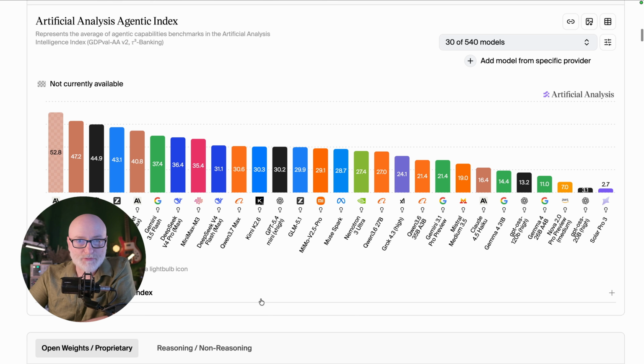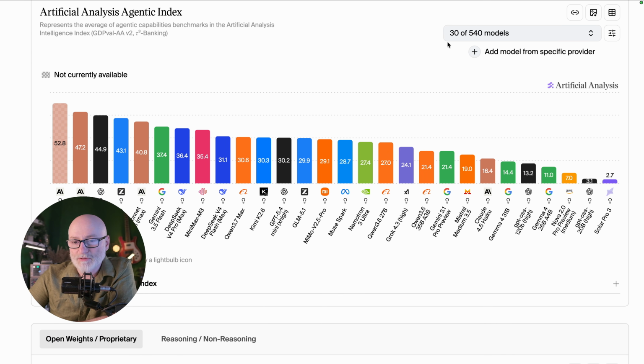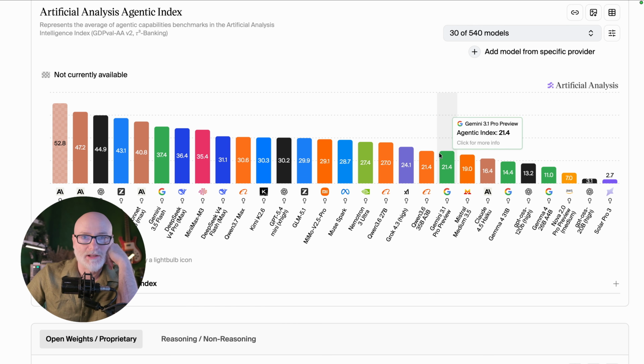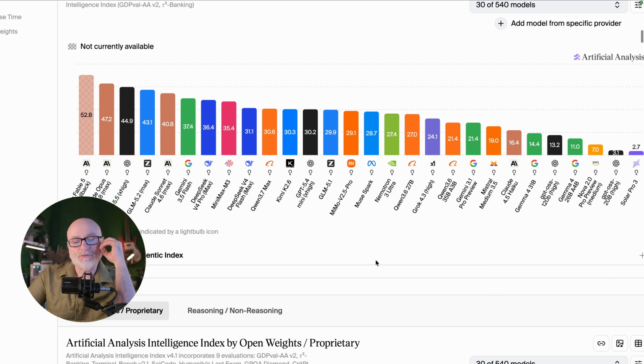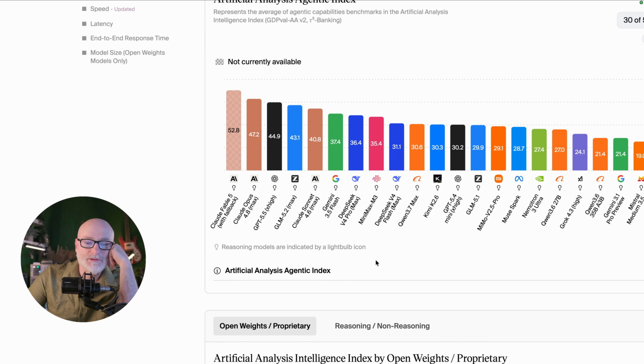Why I want to show this is because you can edit what it shows in here. So I added a couple of models that can run on our local hardware and compare to what is out there, because now we start to see a sort of shift in what is possible to achieve with cloud AI.